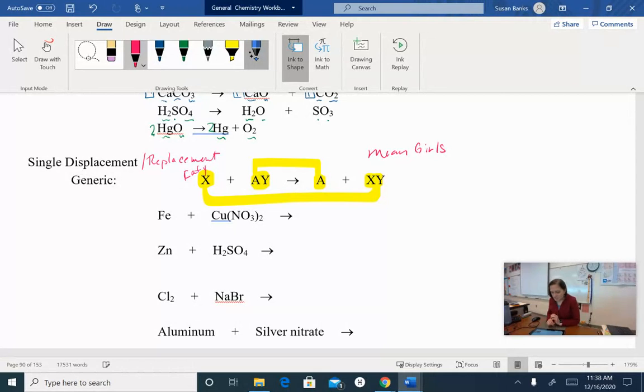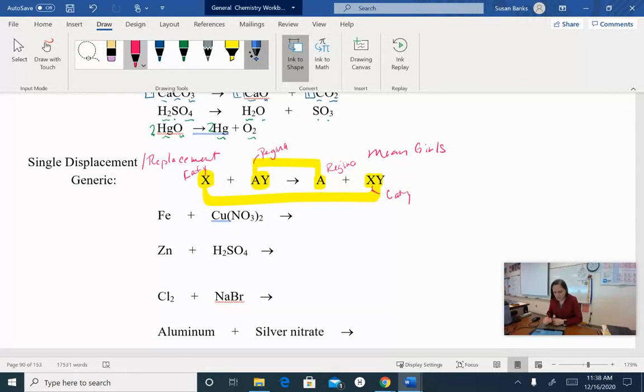And at the beginning of the year, we have the anti-protagonist, if you will, Regina George. Regina is the queen bee of the school. At the end of the year, though, Katie comes in and becomes the queen bee, and Regina is left kind of by herself. Okay, so we're just kind of switching places. That's what single displacement is.